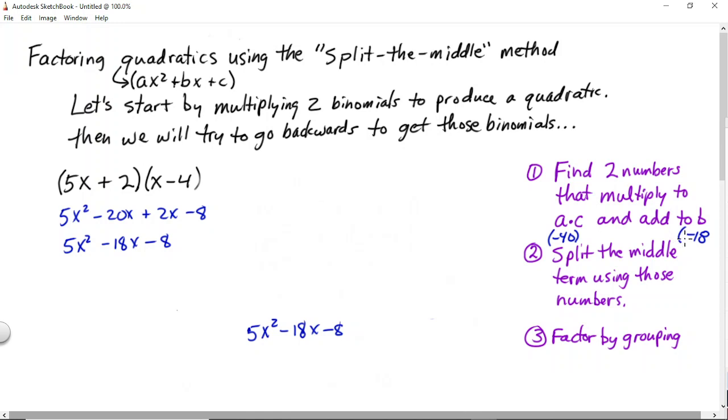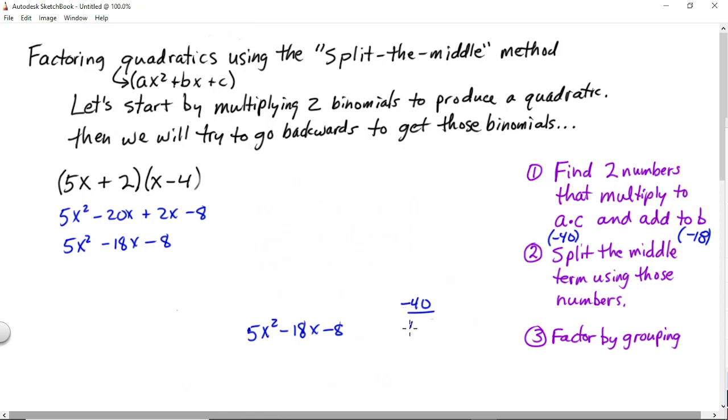So, I already said we're going to use those to split the middle, so we can look up there and see what they are, but we'll pretend we don't know that. Numbers that multiply to negative 40, so we can write negative 40 here, and they have to add to negative 18. So one will be positive, one will be negative, right? So that they multiply to make negative 40.